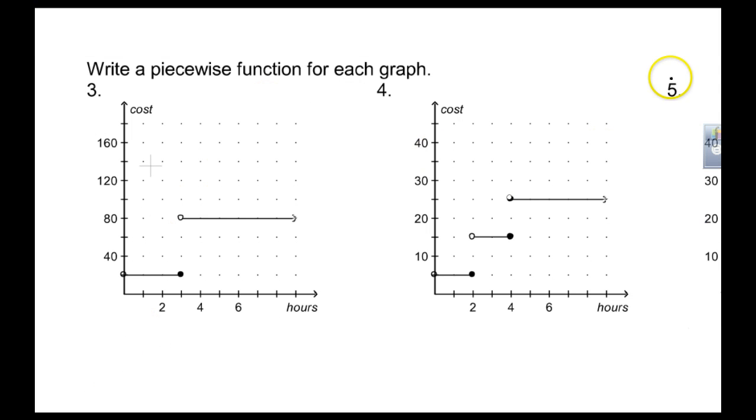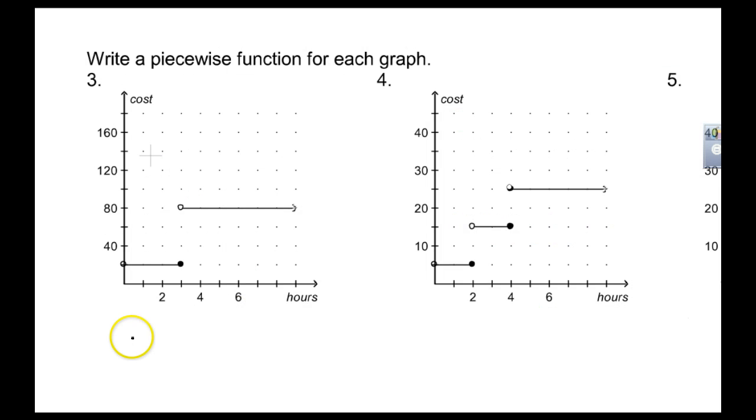You'll notice on the back here that these don't include the outline of the answer like we had on here. Here I included the f of x with the brace and the ifs, so you still have to write your answers in that format.